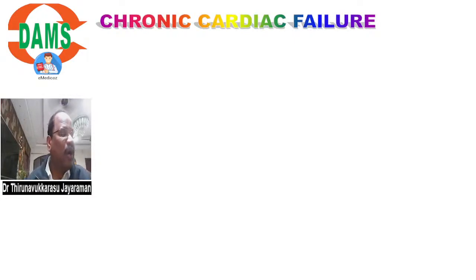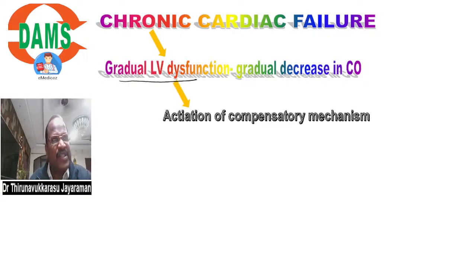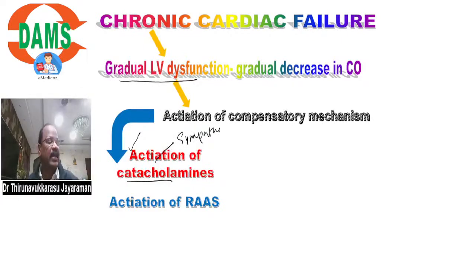Whereas in chronic failure, there's a gradual left ventricular failure. Because of the gradual failure, some compensatory changes come into play. The compensations are, number one, sympathetic activity, catecholamines. One more compensation is activation of the renin-angiotensin system.